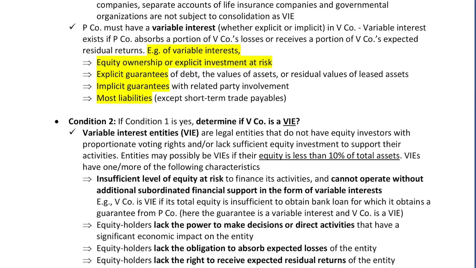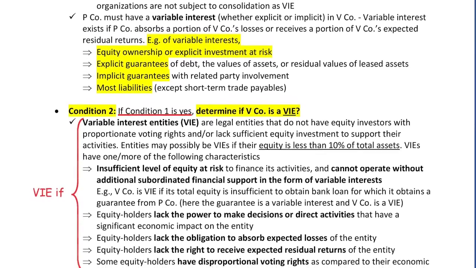If condition 1 is okay, then we are looking at highlight condition 2 and underline if condition 1 is yes, highlight determine if V company is a VIE or a variable interest entity. Now, a lot of content there, draw a bracket and write VIE.